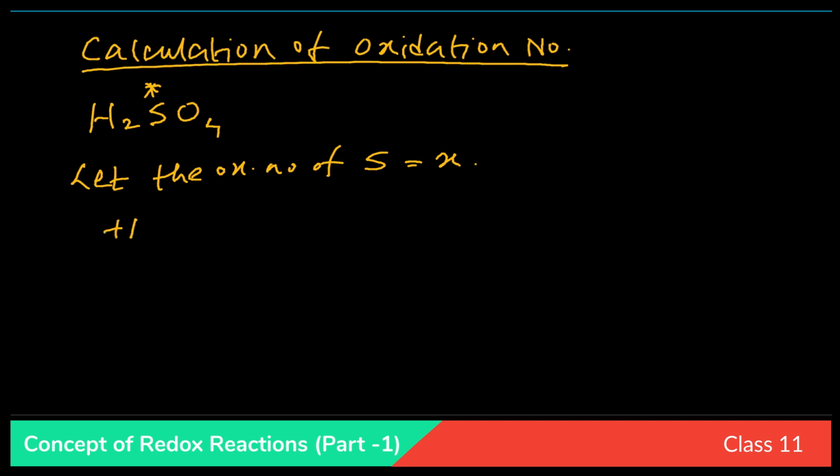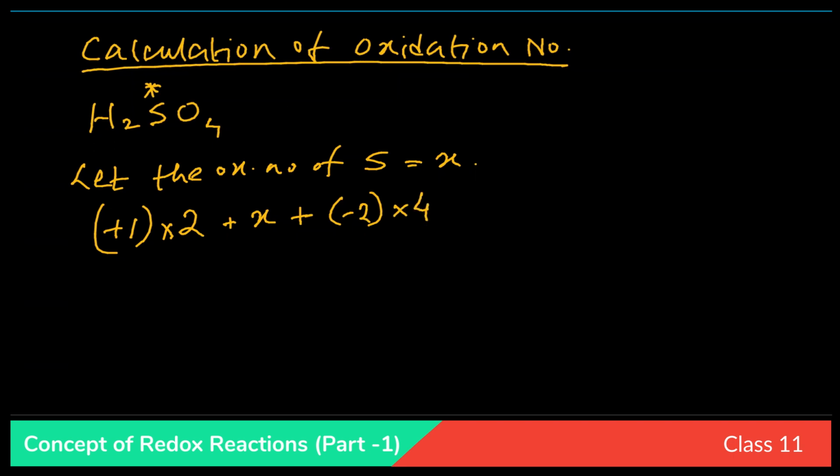So +1 into how many hydrogens are there? 2. So +1 into 2 plus, for sulfur we have taken it as X, so +X plus, for oxygen the oxidation number will be how much? -2. And how many oxygen atoms are there?